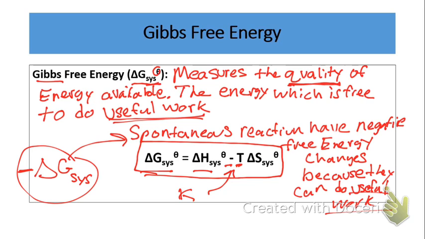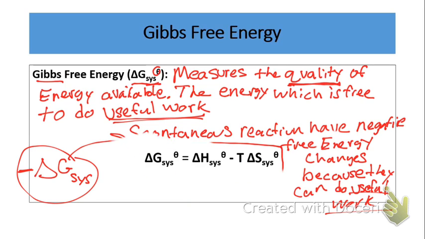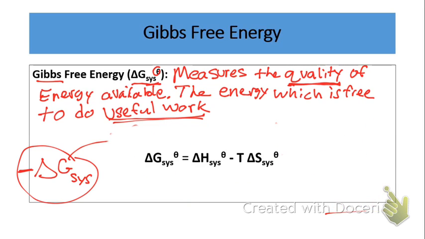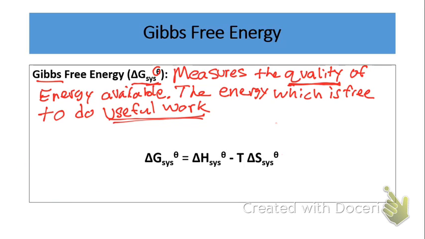Now, I'm going to erase some of this so that I have more room to write here, talking about this equation a little bit more. All right, so this term right here applies to the change in entropy of the surrounding environment.